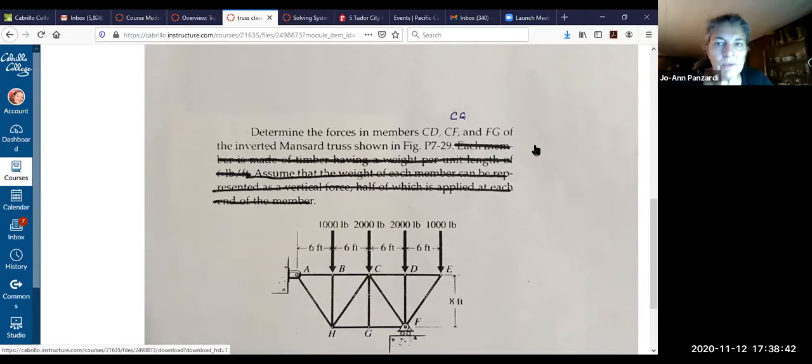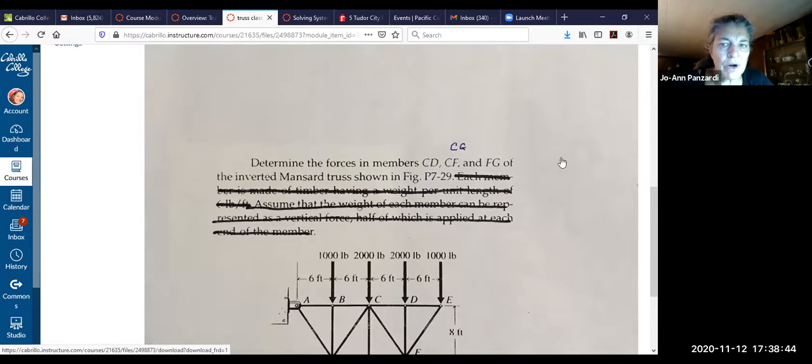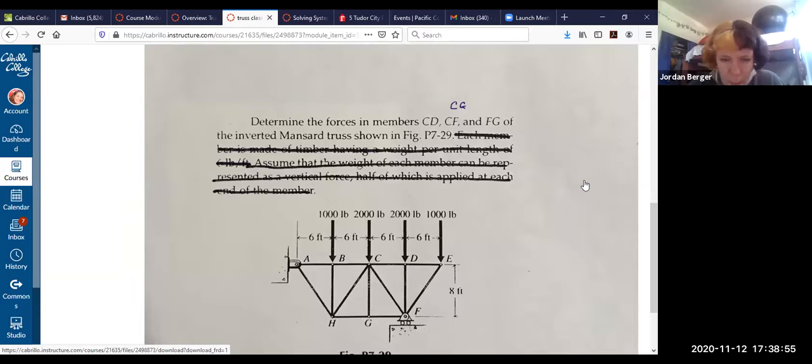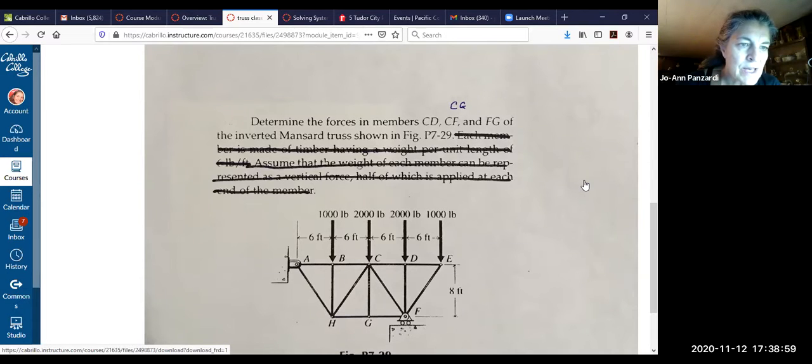Yes. So they only want us to know about these 4. Are any of these 4 0 force members? No. Try again. Do you see any joints that satisfy rule 1 or 2?